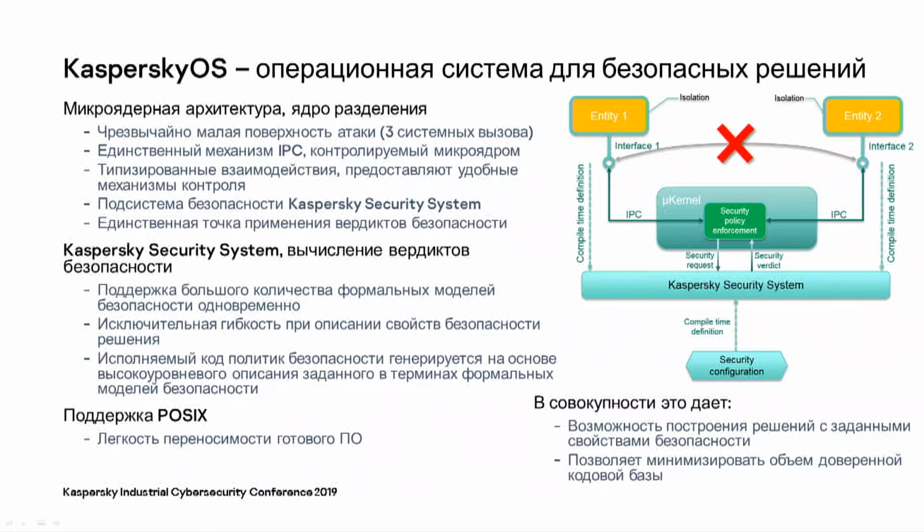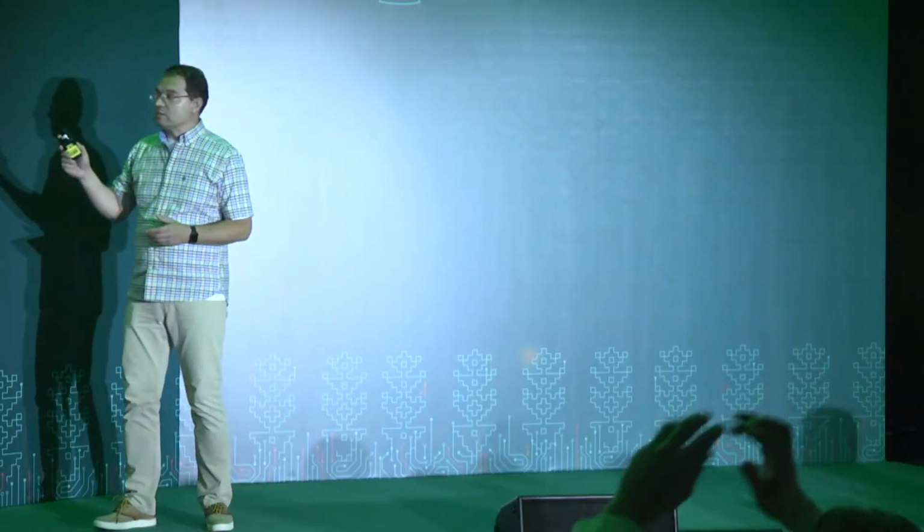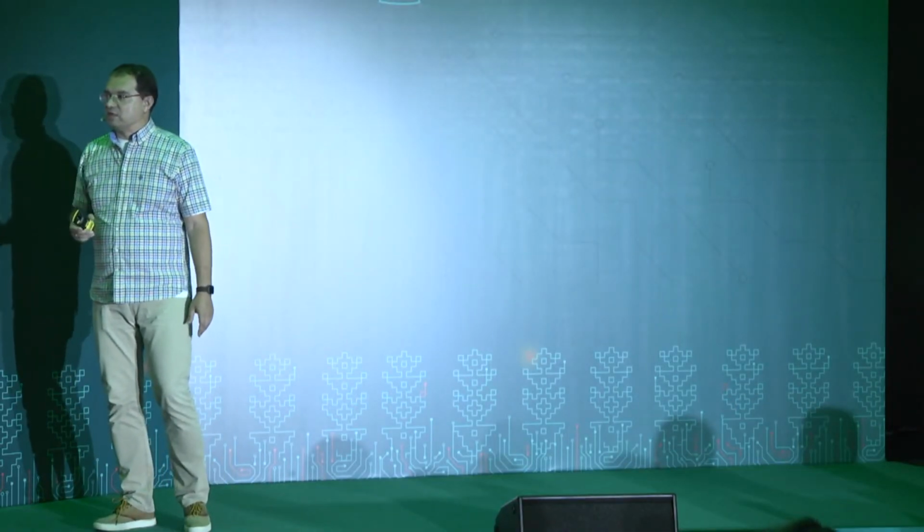First of all, it is typed IPC, which means IPC messages are in a format that is easy to control. And this IPC has only one channel, through the microkernel. There is a module that is responsible for security policy enforcement, and this module interacts with the security system of Kaspersky.